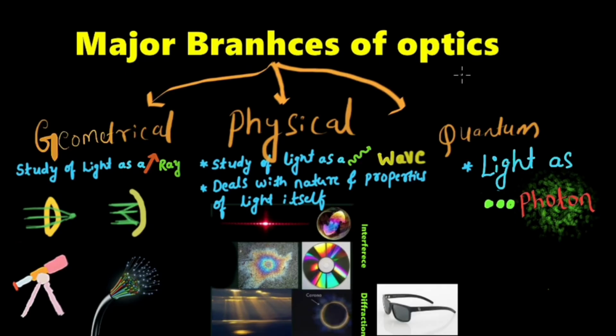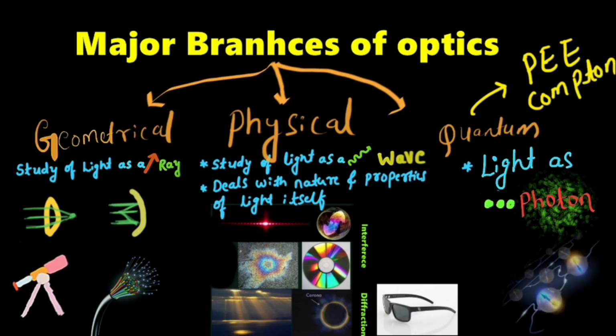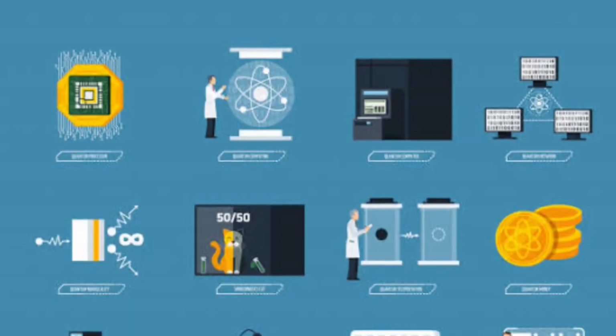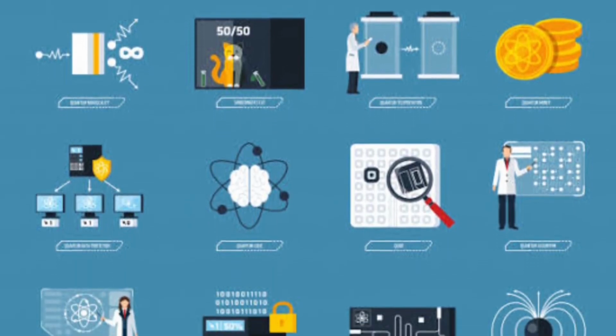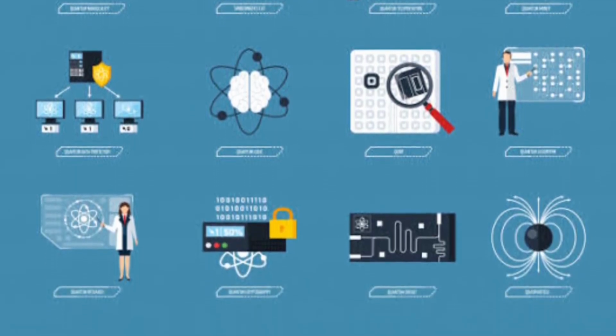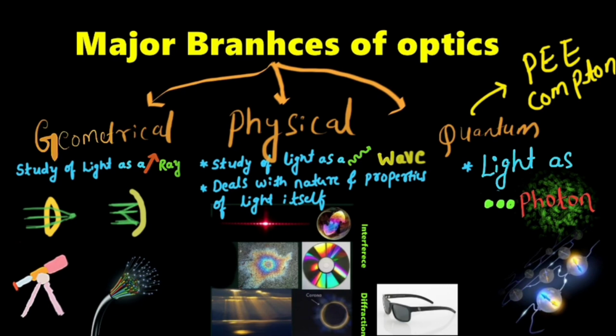With the help of quantum optics, one can explain photoelectric effect, electron emission, and third one, Compton effect. There are plenty of applications of quantum optics. Some of them are in artificial intelligence, to produce better batteries, cleaner fertilizer, solar capture. We will use the quantum optics.